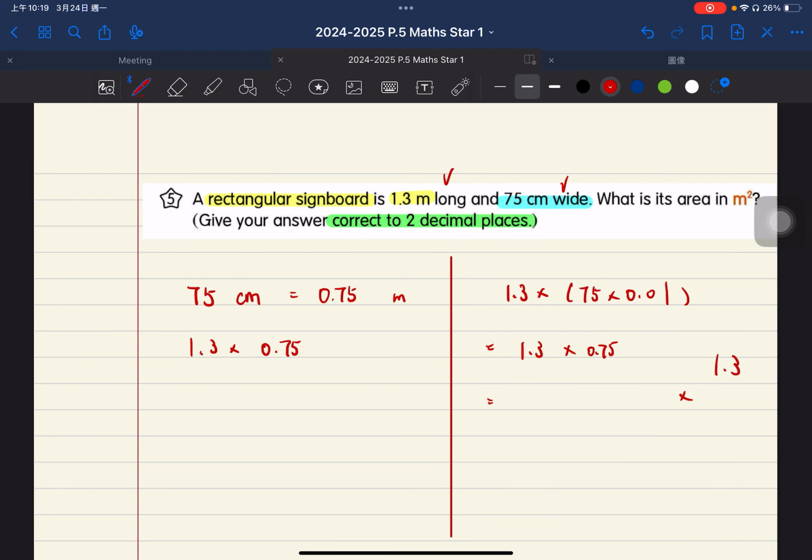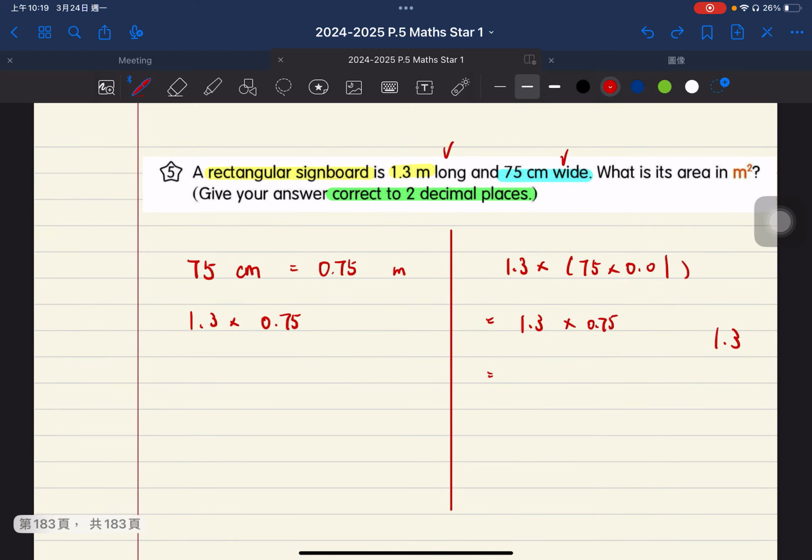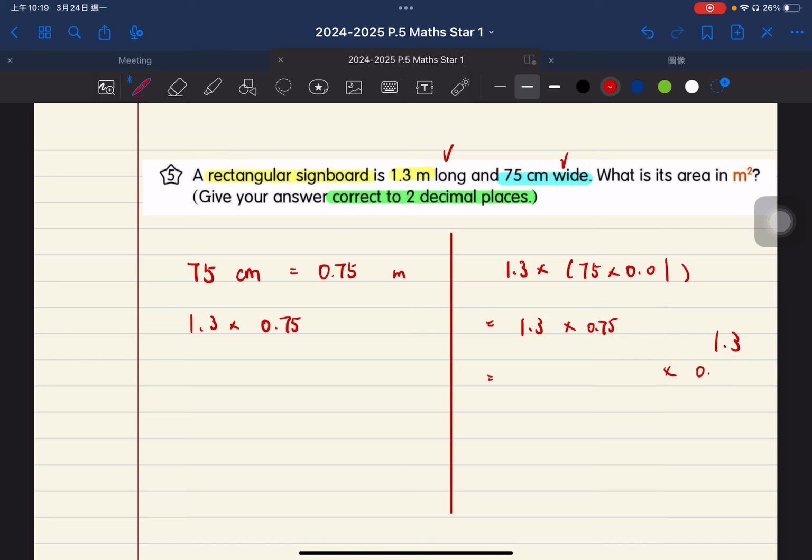1.3 times 0.75. Sorry, handwriting is bad. Let me write again. Times 0.75. Okay, multiply: 3 times 5 is 15, 3 times 7 is 21 plus 1 is 22, and so on, giving 975 and so on.